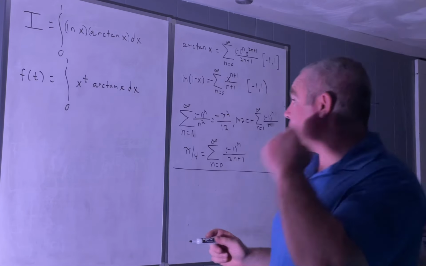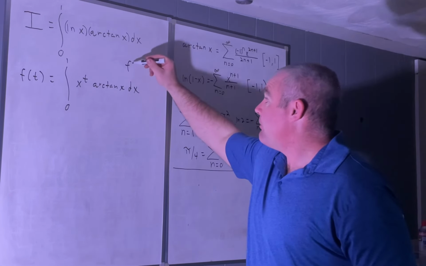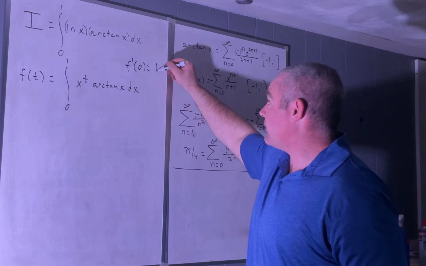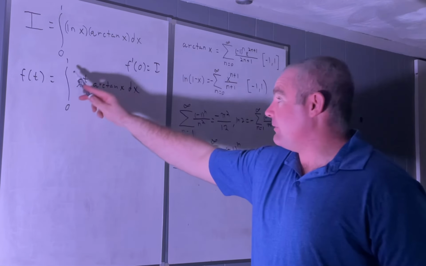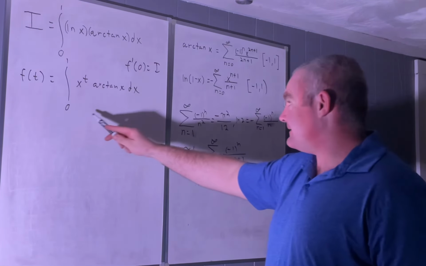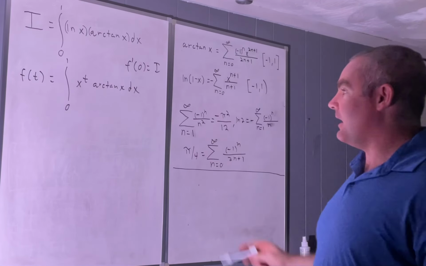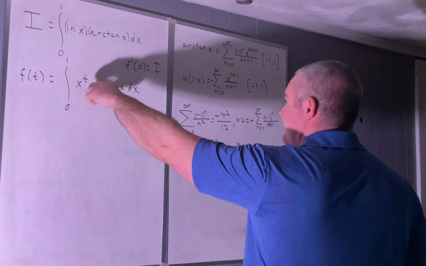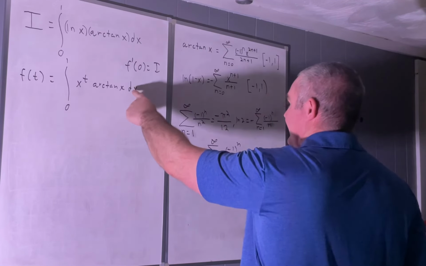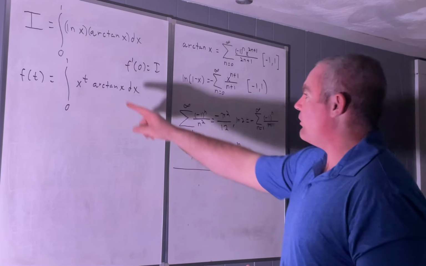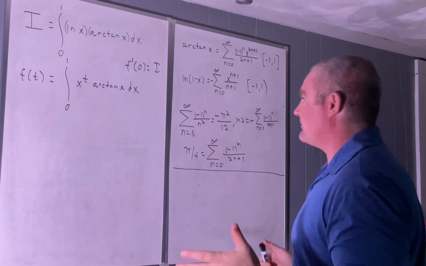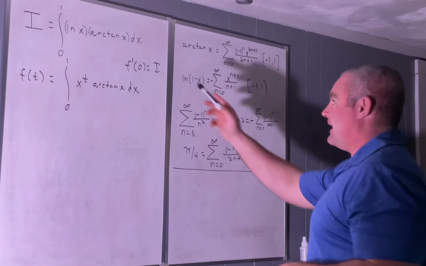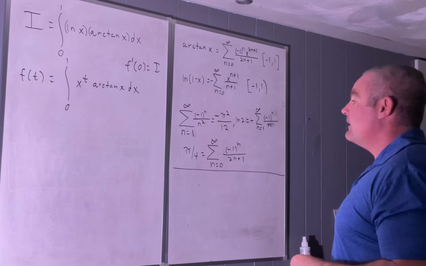And we will note that if we take f prime at 0, we will recover I. Because if you take the derivative with respect to t of this function right here, using the Leibniz rule, you will get the integral from 0 to 1 of x to the t natural log x arctangent x dx. Evaluating that at 0 will make the x to the t go away, just become a 1. So we'd be left with nothing but this, which is I. So I is equal to f prime at 0.